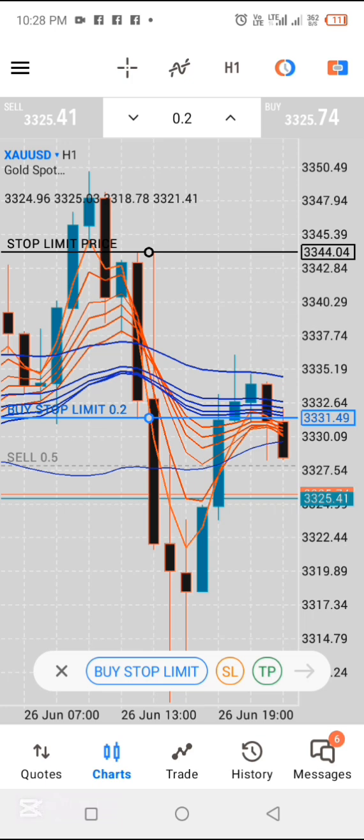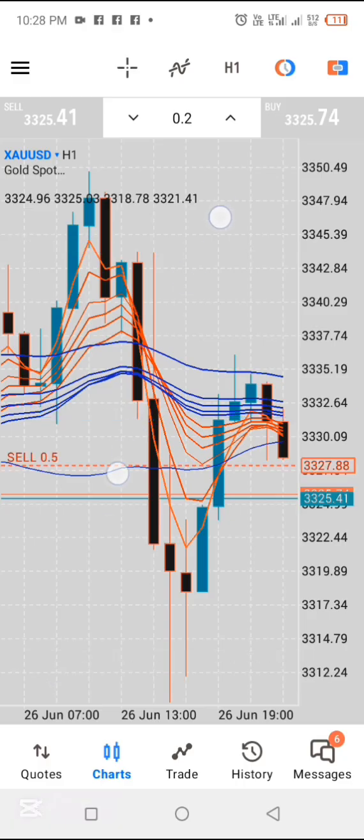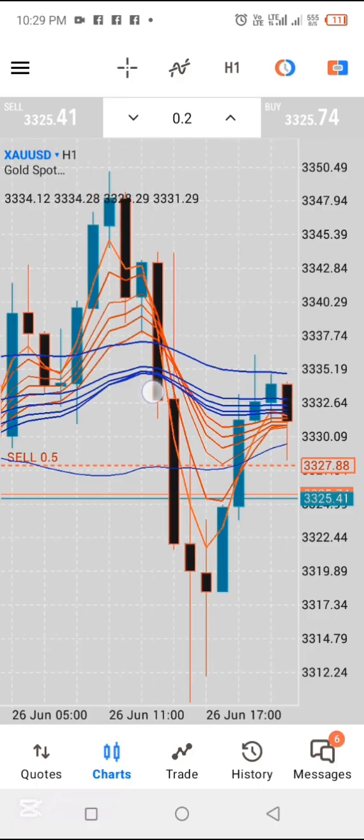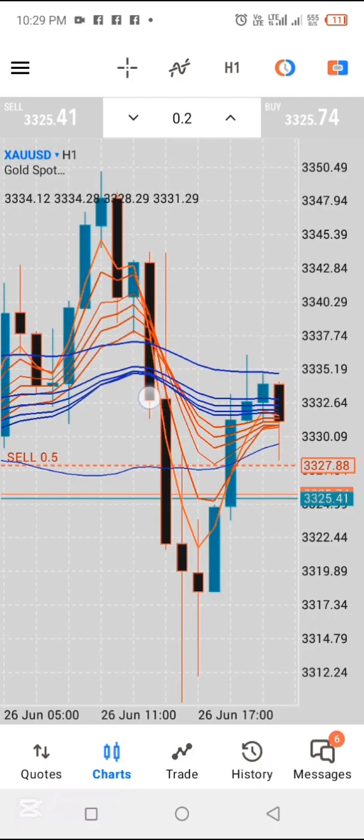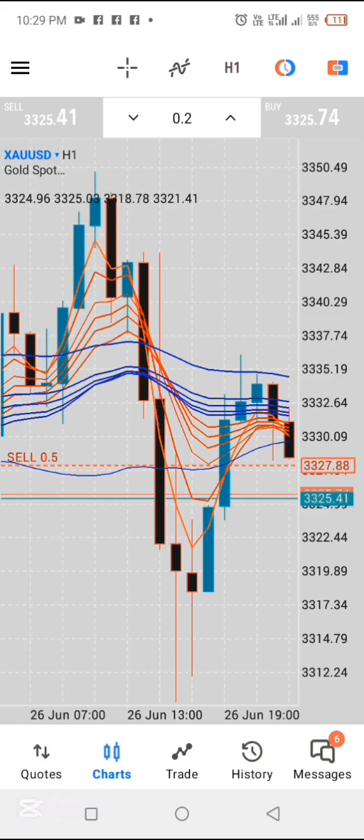So one thing I really want you to know about this compression crossover is how to identify this particular candle. This candle I'm telling you about, one property that it has is that it has to cross over both moving averages, both groups of moving averages.